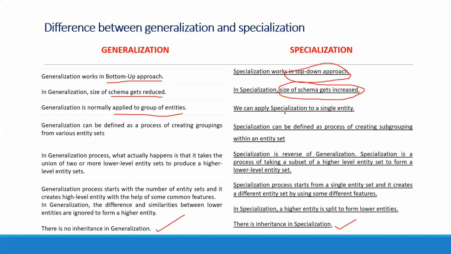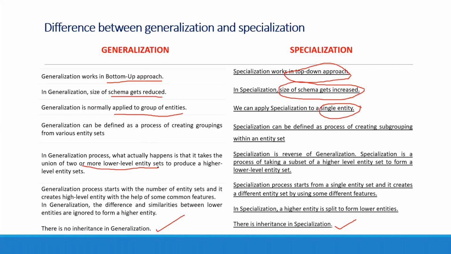We can apply specialization only on a single entity, and we break that single entity into multiple entities. This process is a top down approach, and the other is a bottom up approach.